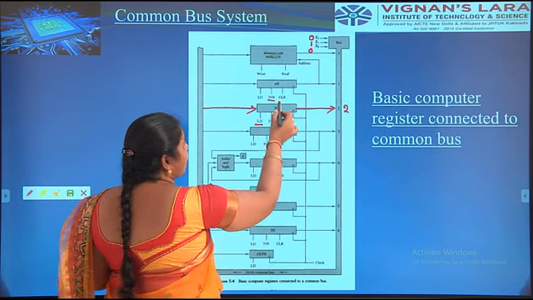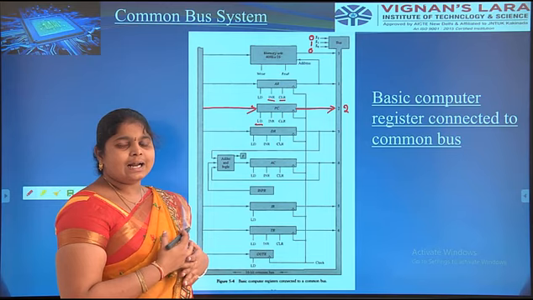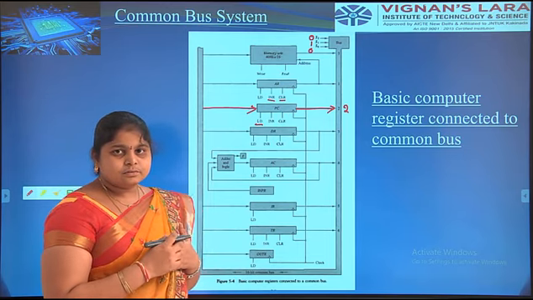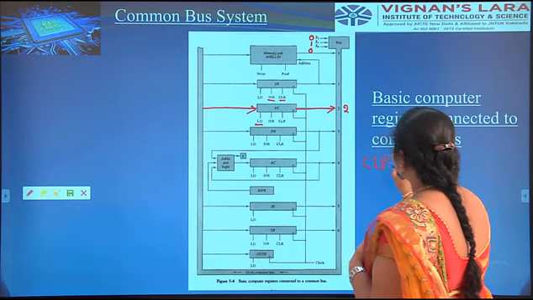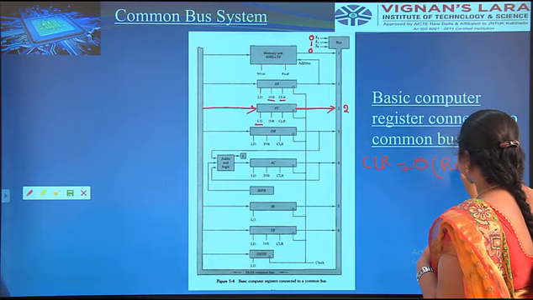What is a clear operation? Clear means 0. The content of the register will be removed or deleted.